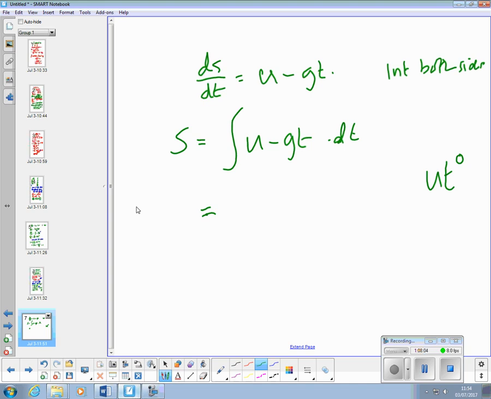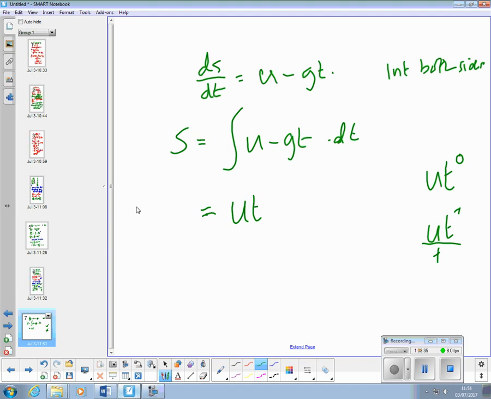Yeah, because any number to the power of nothing is 1. Right, now go through the process of integrating that. We add 1 to the index and divide by the new index. We never bother to write t to the 1, and we don't need to put the 1 underneath, so the integral of a constant, the variable just comes back. If you look in your tables, you'll see that.